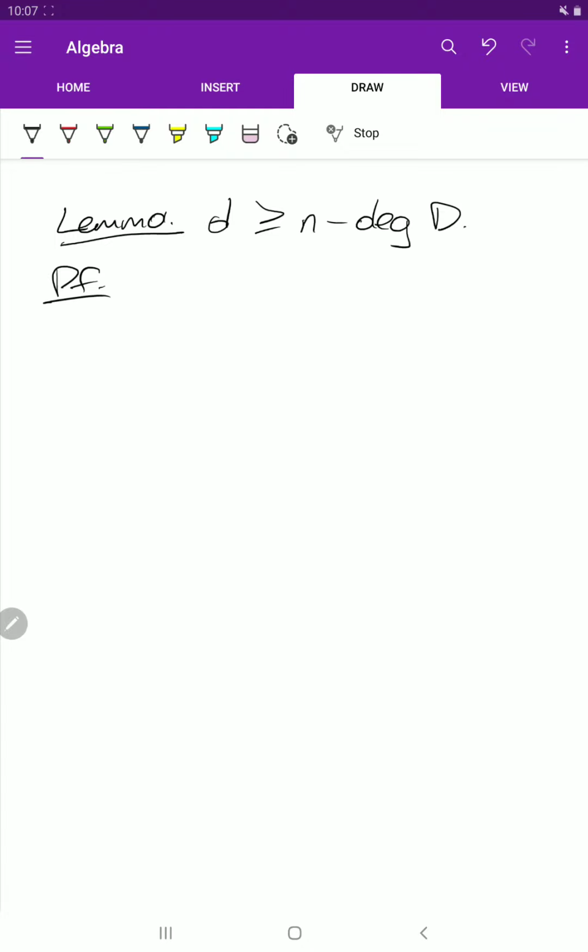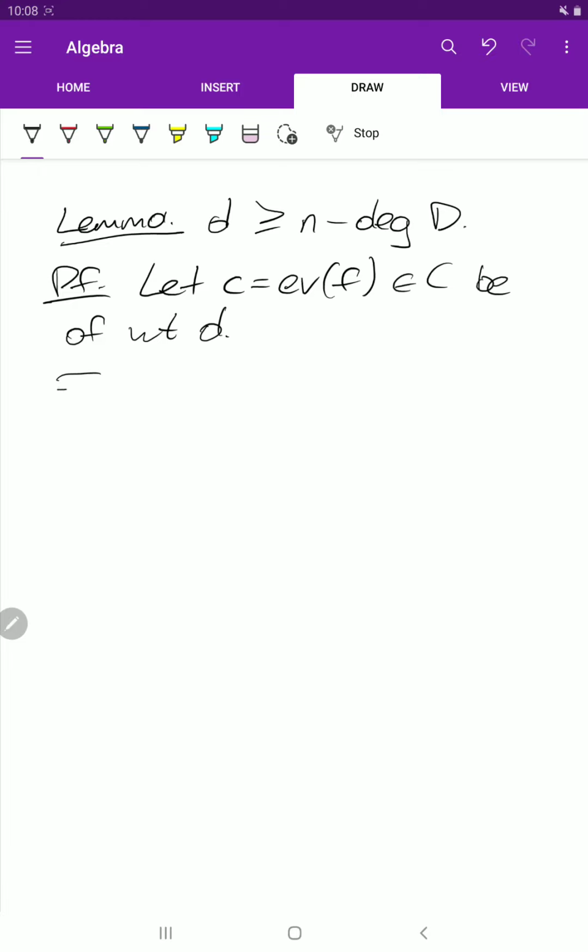But let's prove it now. So let's take a code word and let it be the evaluation of some f. So that's in the code, and we want it to be of weight d.